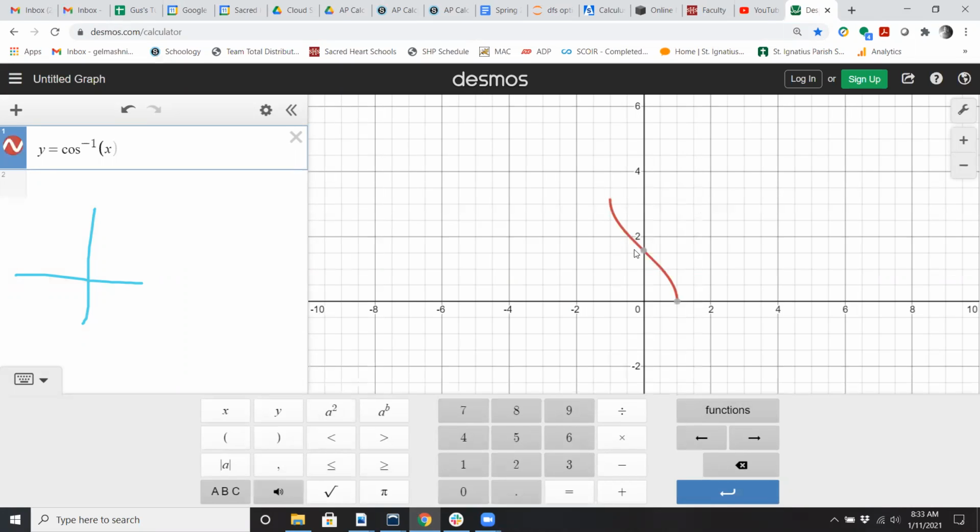So that's continuous. So here's -1, here's 1. That is totally continuous, and I don't see any corners or vertical tangents or cusps or anything like that. And that's differentiable in the interior from -1 to 1. So yes, the mean value theorem does apply.